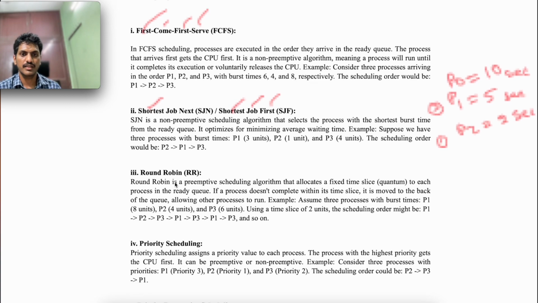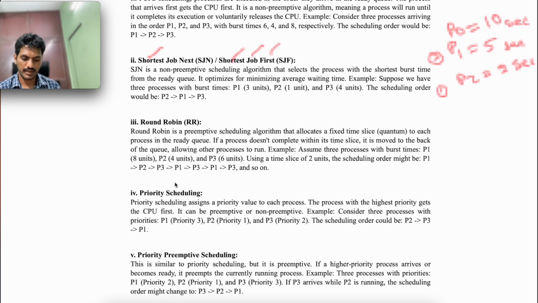Okay. Next one, round robin. In round robin there is a keyword called time slice, which is also called time quantum. Each process in the ready queue will be given a chance according to the time quantum.